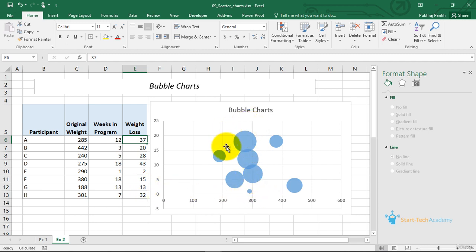So this square area constitutes most of the big circles, and you can clearly identify the range in which these circles are occurring. So basically, when you have 3 data series and you want to find the effect of 2 of the data series on the third data series, a bubble chart is used.